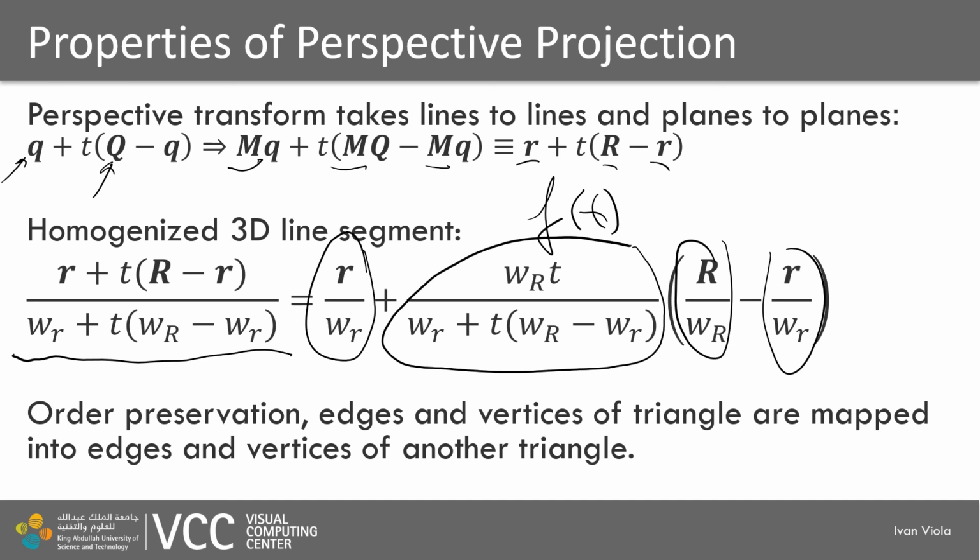It turns out that this function is still preserving the order, and that the vertices of triangles are mapped to other triangles under this transformation, even if the parameter t now doesn't go linearly by changing it, but is subject to modulation by this function.